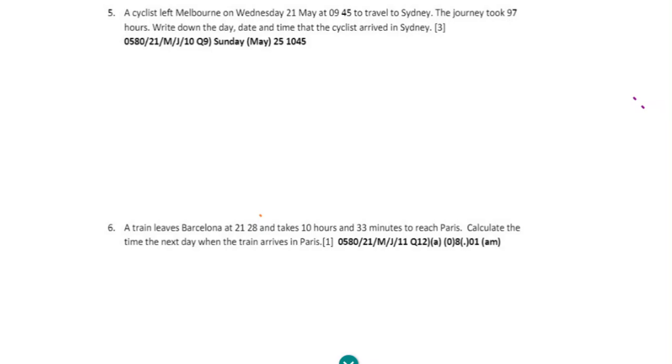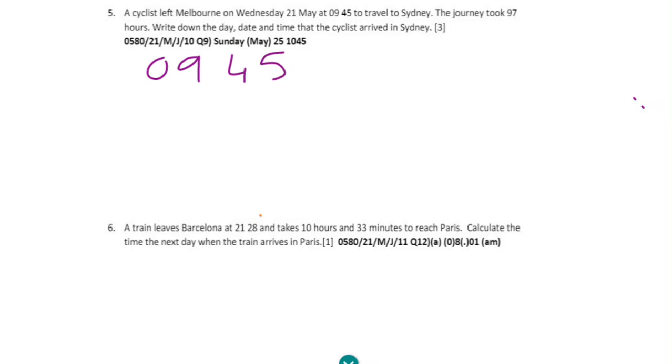Question number 5. A cyclist left Melbourne on Wednesday 21 May at 09:45 to travel to Sydney. The journey took 97 hours. Write down the date and time that the cyclist arrives in Sydney. So we have the time at the moment 09:45.